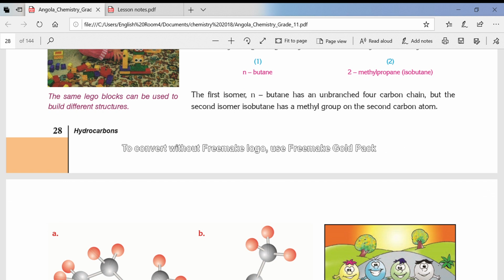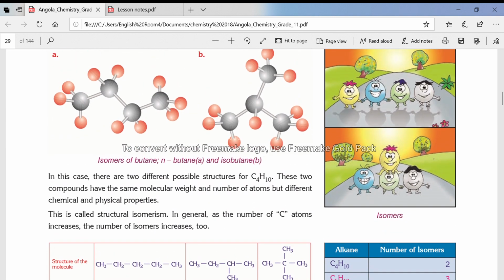The second isomer is isobutane, which has a methyl group attached to the second carbon. So this is more or less how they look. In this case there are 2 different possible structures for C4H10.